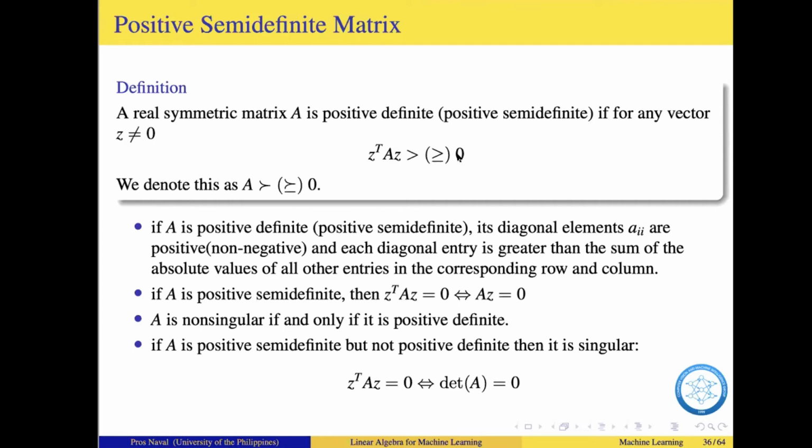Okay, so that's the definition of positive definite. For positive semi-definite, the condition is greater than or equal. And we denote this by this symbol.